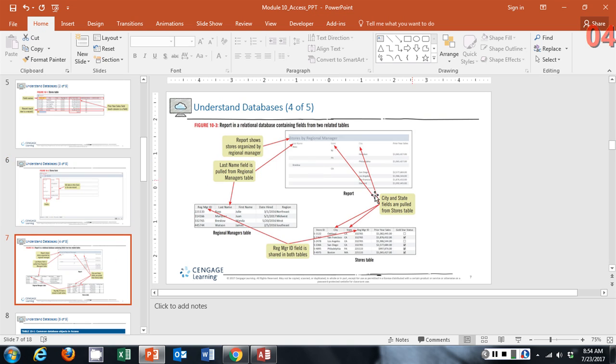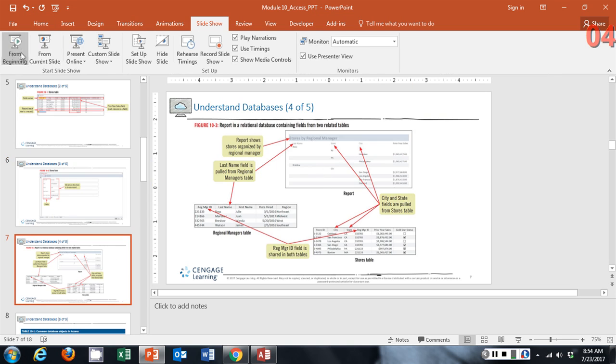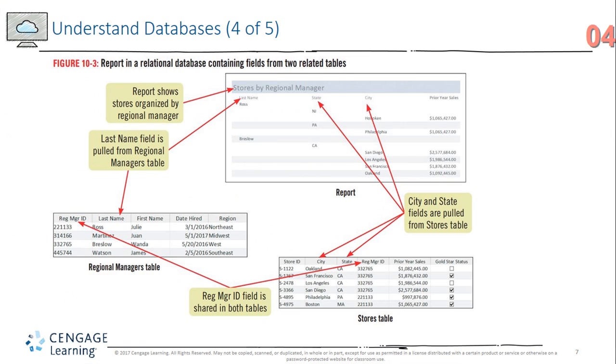The next object is a report, and let me blow this up a little bit so we can see it a little bit better. The report you can see here has field names and records on it. It's basically just a prepared format that someone can use to print out information from a database or email a report, one or the other.